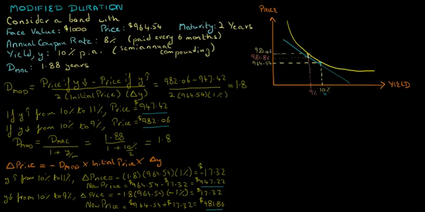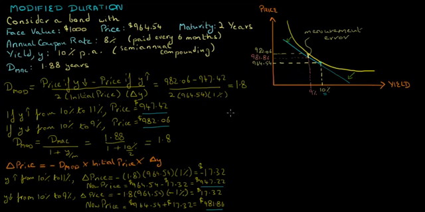This difference in two prices is called the measurement error. Since this tangent line always lies below the price yield curve, it will always underestimate the bond price due to change in interest rates. Finally, let's look at how duration performs when yield changes by a large magnitude.